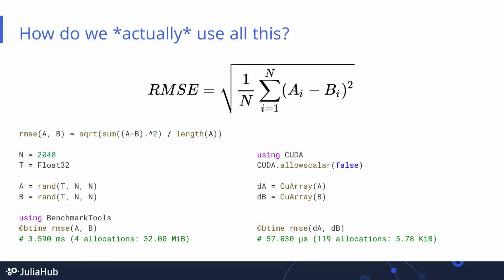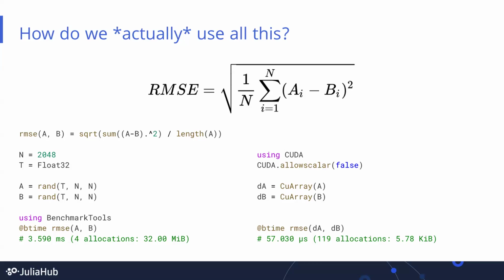And the way that happens is literally element by element. So every element is going to get copied from the GPU to the CPU, it's going to perform the operation on the CPU, and it's going to upload it back to the GPU. And this is extremely slow. We call this scalar iteration, and you can disable this by using this flag. This will make sure that you cannot accidentally fall back to extremely slow functionality. So here, because I'm supposedly interested in performance, I'm disabling it.